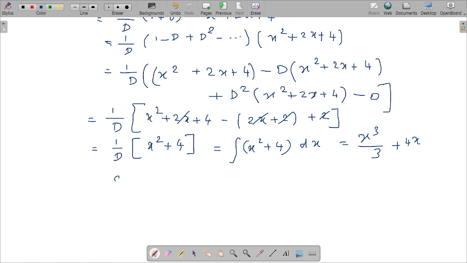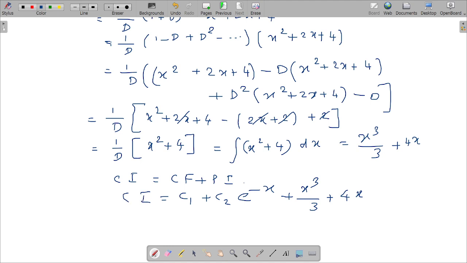Therefore, the complete integral equals complementary function plus particular integral, that is c1 plus c2 e power minus x plus x cubed by 3 plus 4x. This is the complete solution.